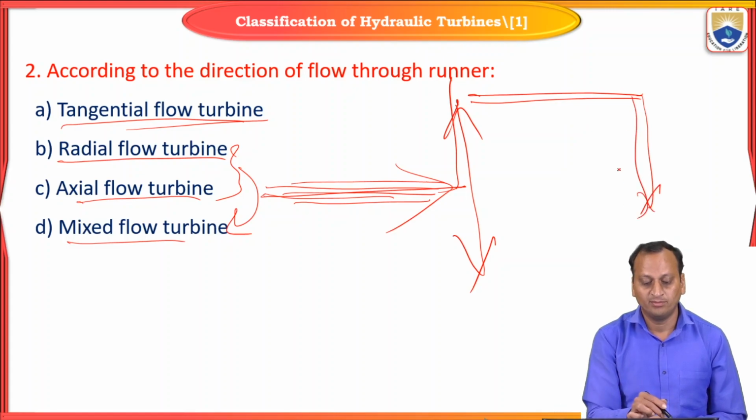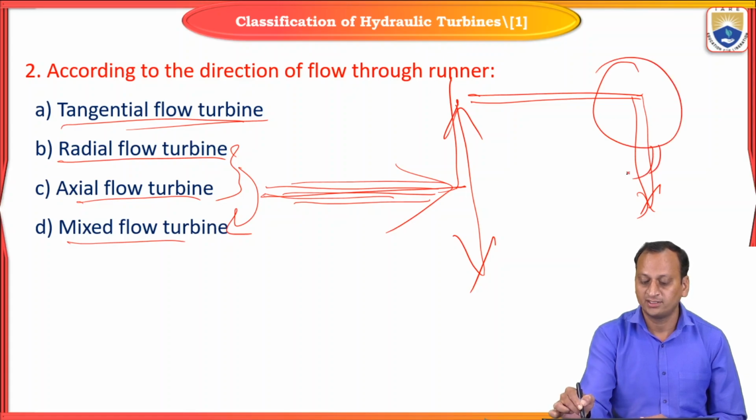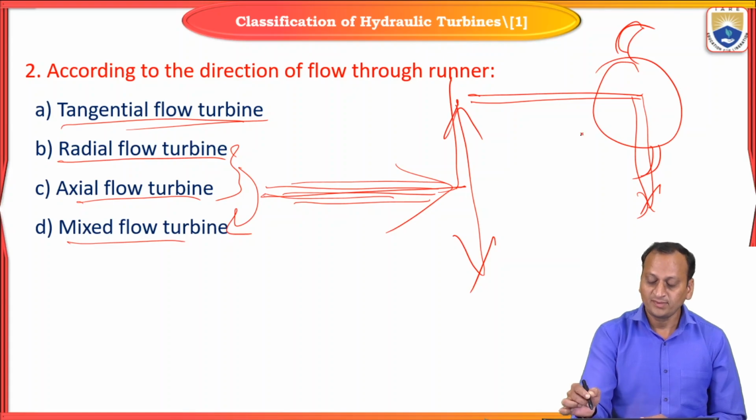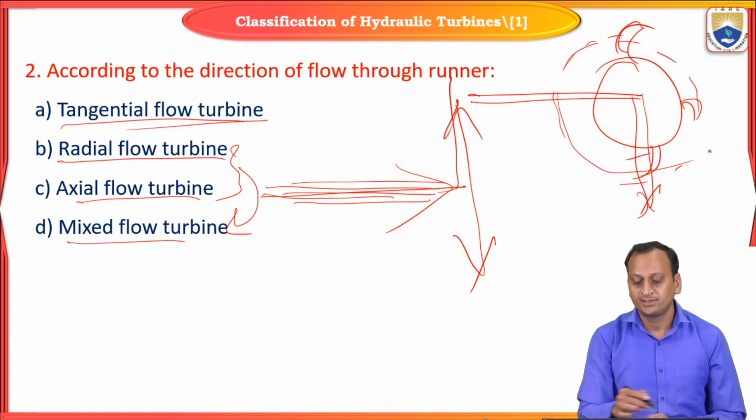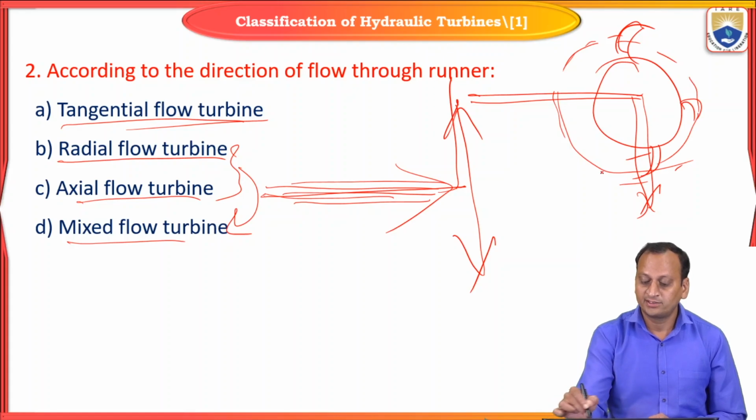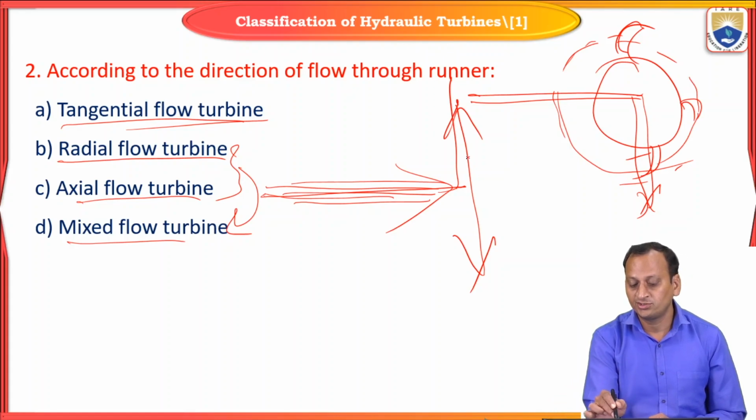In the tangential flow turbine, the buckets are like this, backward curved vanes. If you draw a center line through the centers of all the buckets, that circle is known as the pitch circle.